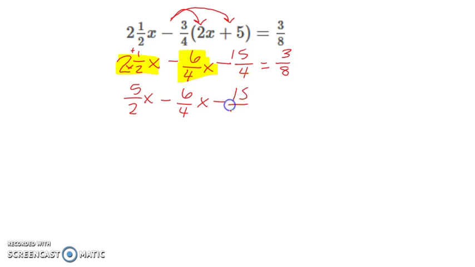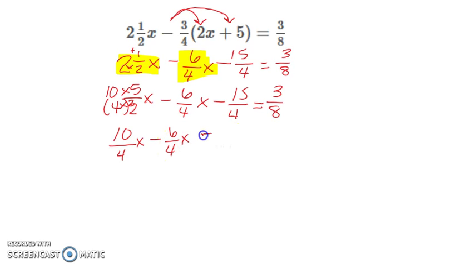Well, I still can't combine those because they don't have the same denominator. So I would need to change the 5/2 into a denominator of 4, which I'd do by multiplying by 2. So I end up with 10/4 x minus 6/4 x.